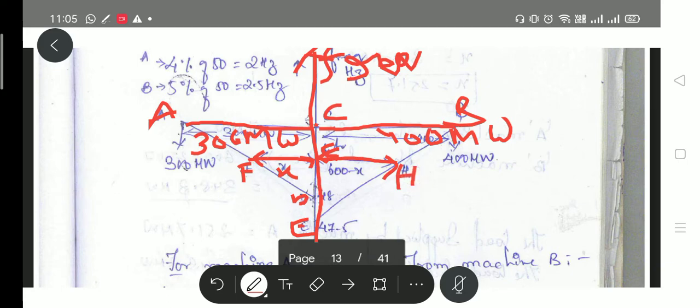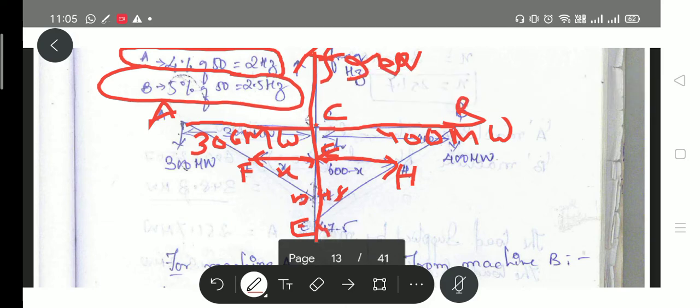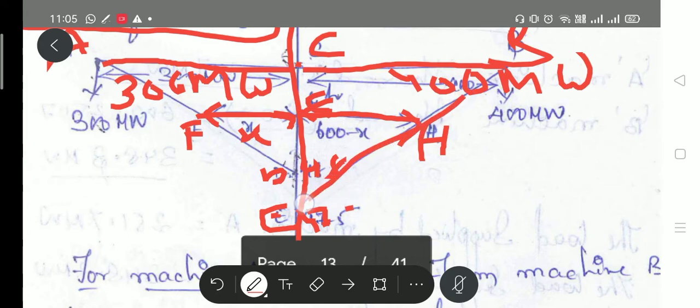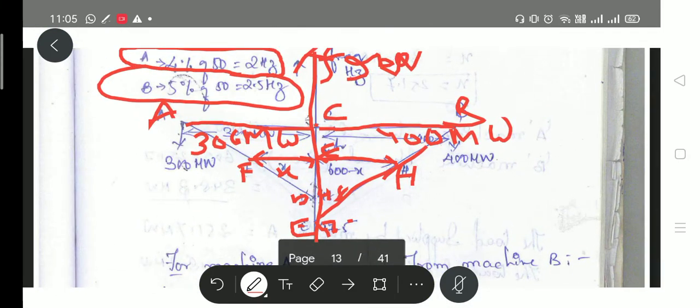A to D is 48 hertz, because the drooping for A is 2 hertz, and for B it is 2.5 hertz. So for B the load frequency is 47.5. A is 48, B is 47.5 hertz.